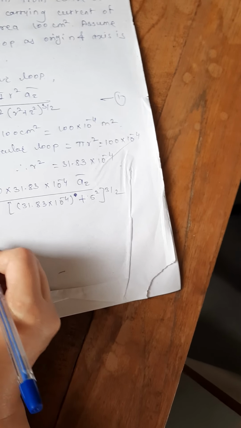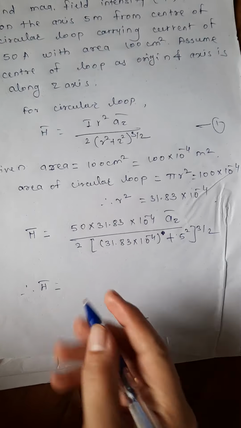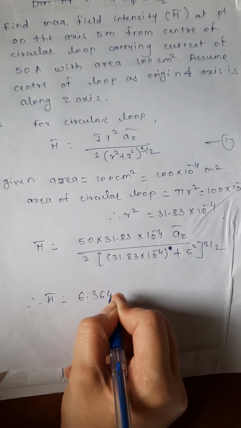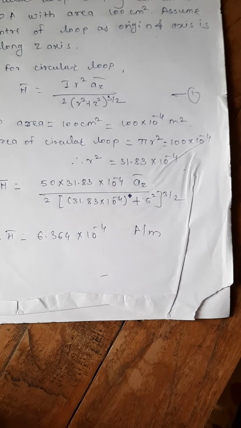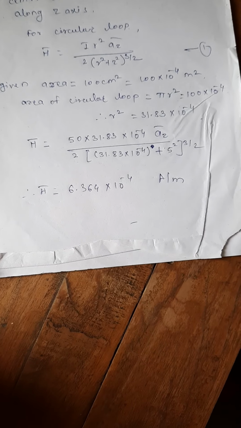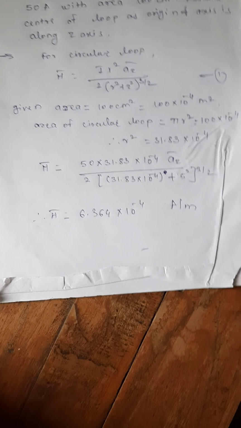And the final answer is H bar is equal to 6.364 into 10 raised to minus 4 ampere per meter. So in this way we can calculate the magnetic field intensity, that is H bar.